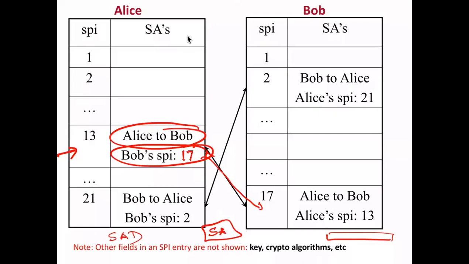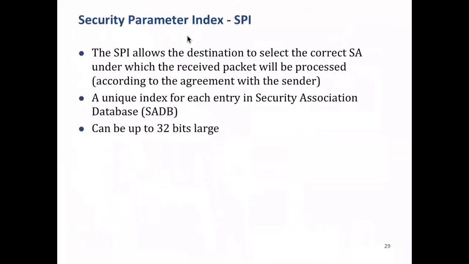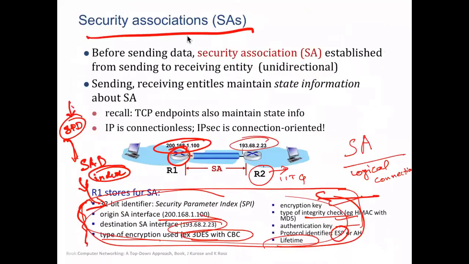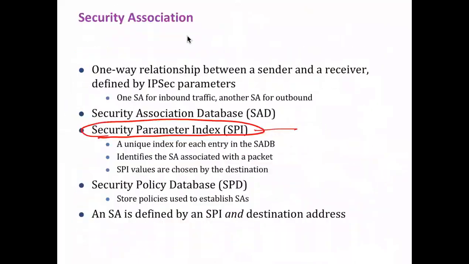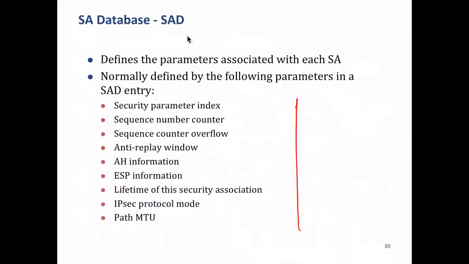So this Bob's SPI has to be included in the packet such that Bob knows how to decrypt it. Okay, and this security association will have a lot of other parameters which are not shown, which we have discussed here. Okay, all these will be there in SA as part of SA. All right.